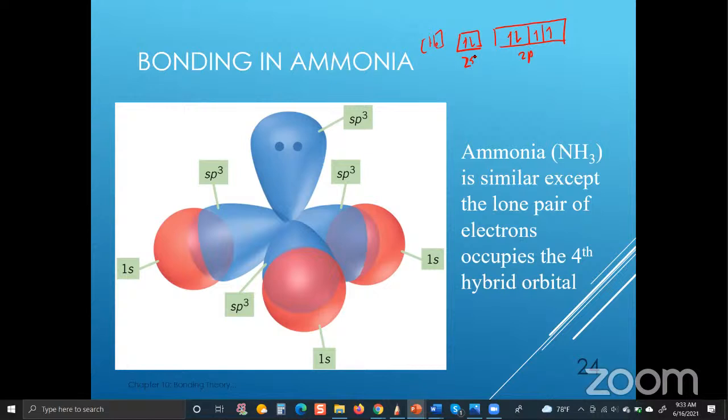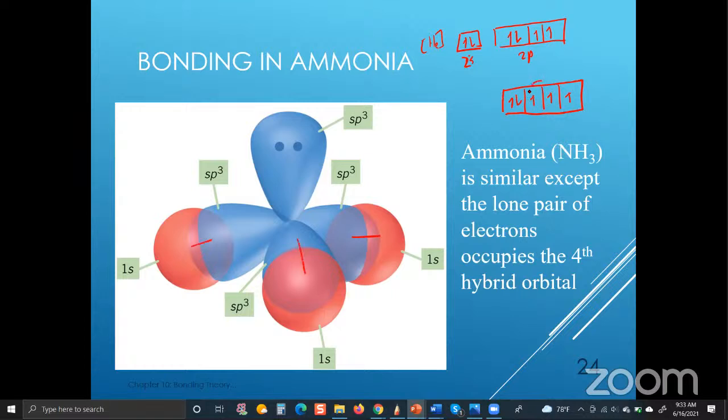So what's going to happen is that the 2s orbital will mix with the 2p orbitals, and you're going to end up with 4 sp3 hybrid orbitals. 2 electrons will be in one of them, and the others will be singly occupied. And these will overlap with the hydrogens, as you can see here, here, here.